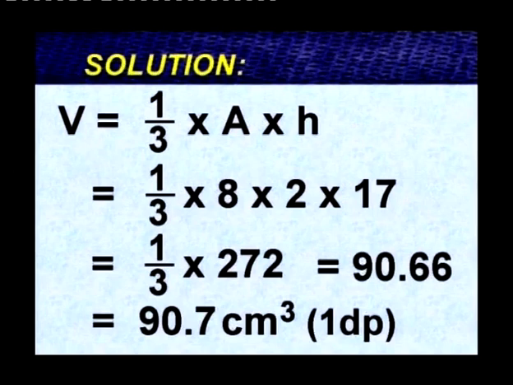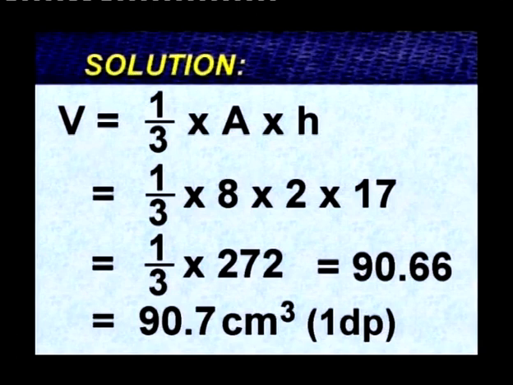We have an answer that is on the screen. 1/3 times A times height. 1/3 times 8 times 2 times 17. Okay, I have multiplied all these three together. 1/3 times 272.